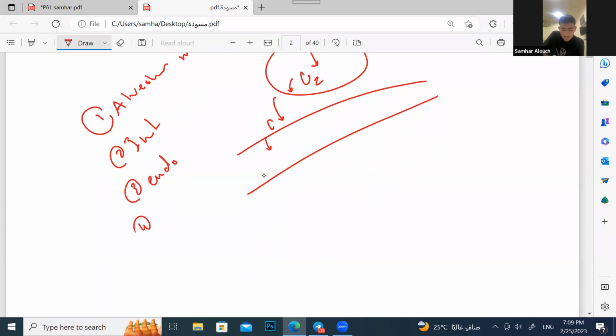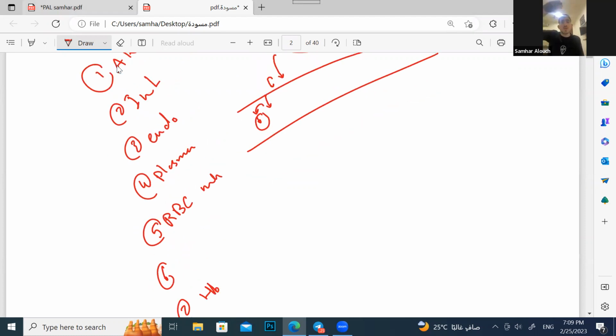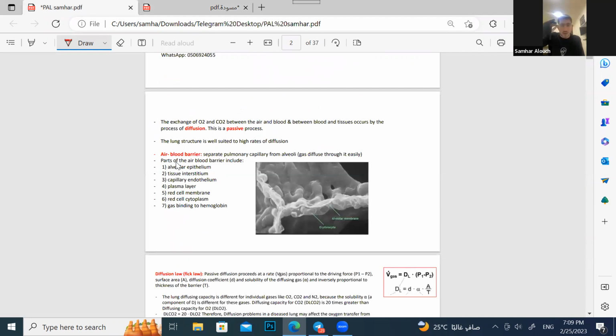So fourth, we have the plasma. Then it needs to pass the membrane of the red blood cells, the RBC membrane. Then it needs to go through the cytoplasm of the red blood cell. Then it's going to bind the hemoglobin. So now we have 7 components. These are the components that the oxygen needs to pass to reach its destination.